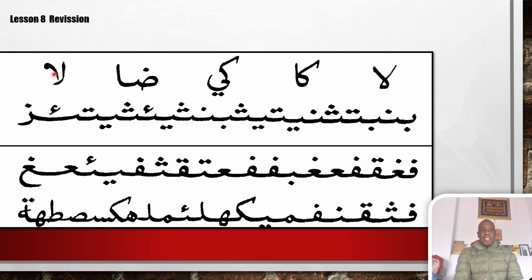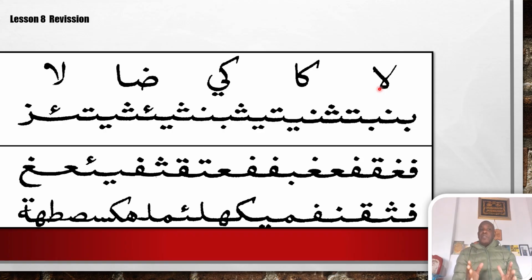This Lam Aleph here and this Lam Aleph here are the same letter, the same thing, only written differently. There are some places where it will be like this, and some places where it will be like this, depending on the way it appears in the letters of the alphabet. It's very important that we know those things.